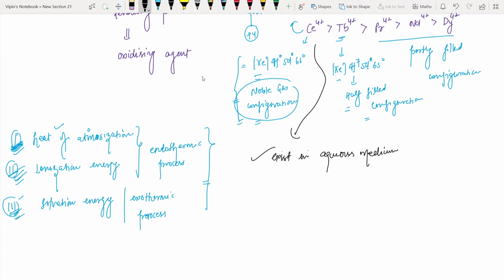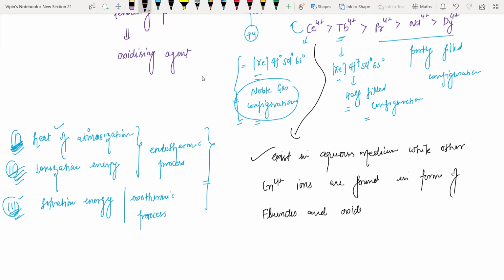Yes, it is stable in aqueous medium, while other Ln4+ ions are not stable in aqueous medium and are found in the form of fluorides and oxides. Why is this so? Because water is a weak ligand. Water has less interaction with the ion as compared to oxide and fluoride, right?